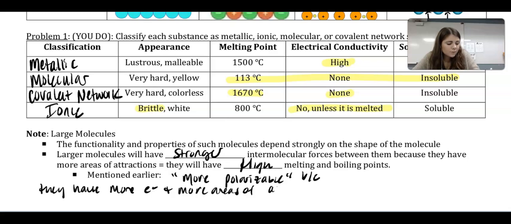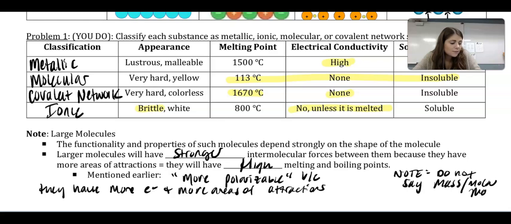I do want to note, like I was saying in 3.1, do not say mass or molar mass as the reason that this larger molecule has a higher melting point.